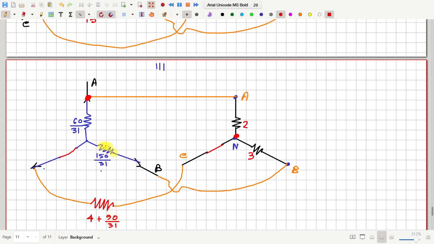Then this resistance and this resistance, they are in series, so I remove them and add them together and put one single resistance whose value is 150/31 plus 3. So this is now joined.